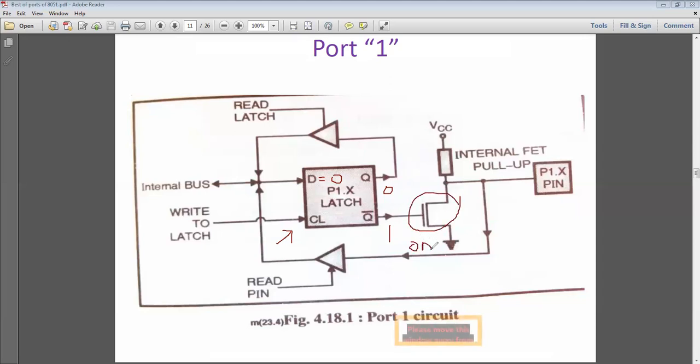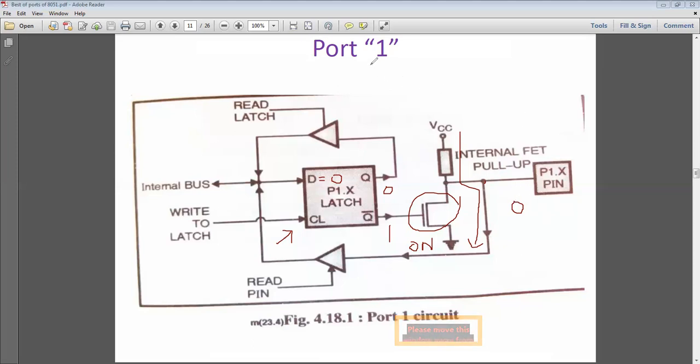As this is acting as a switch and it is on, assume it is acting like a closed switch. So whatever VCC is there finds a path to ground, and we get the ground voltage, that is 0, at this point.